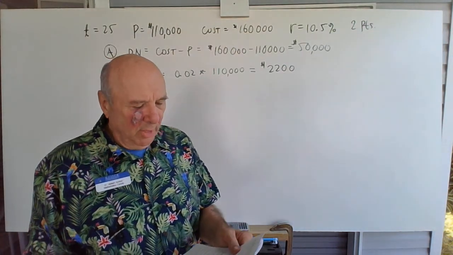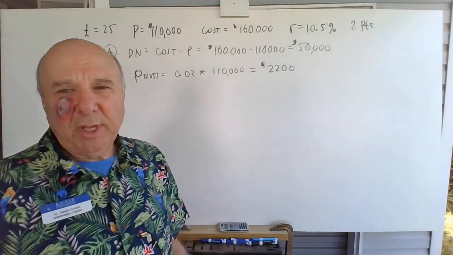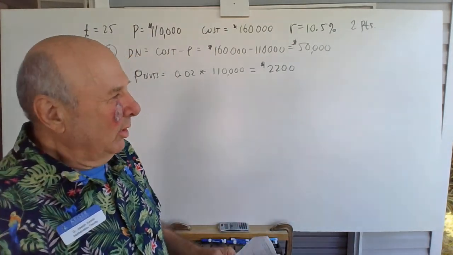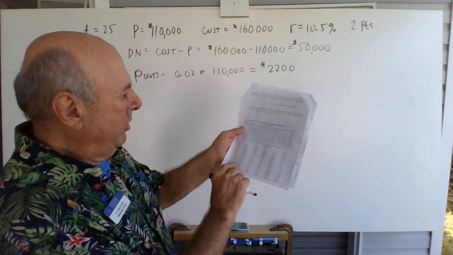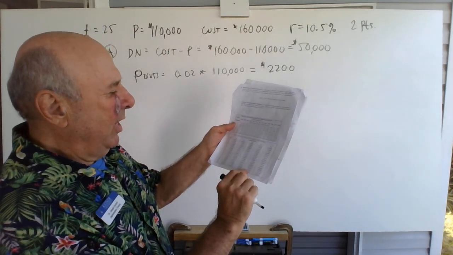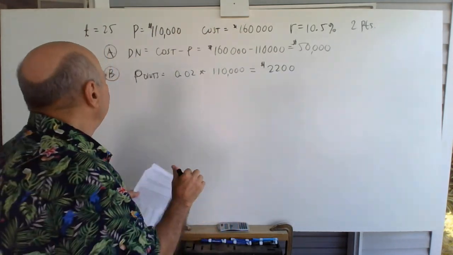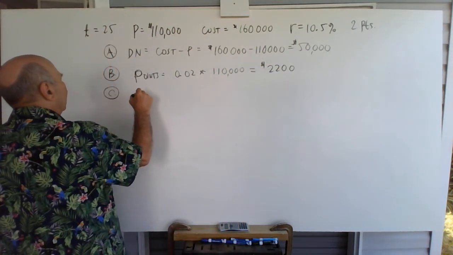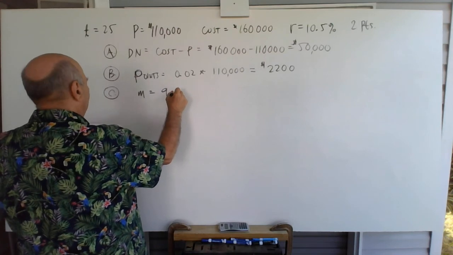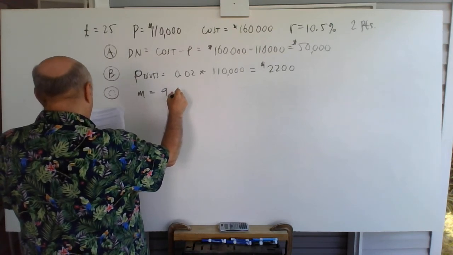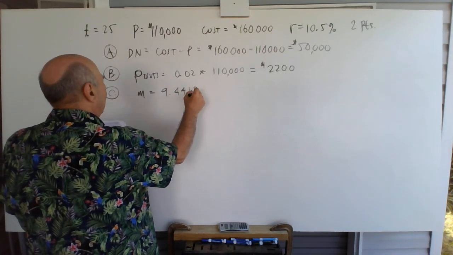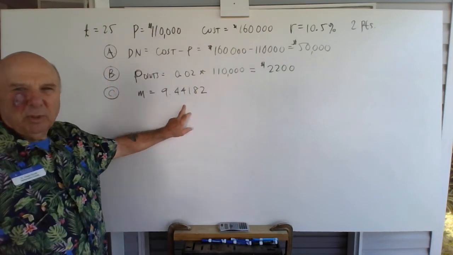Find the amount of the monthly mortgage payment. So I'm going to use the table because the table is straightforward. We just find 10.5 and it's 25 years, so the V number is 9.44182. That's per thousand.